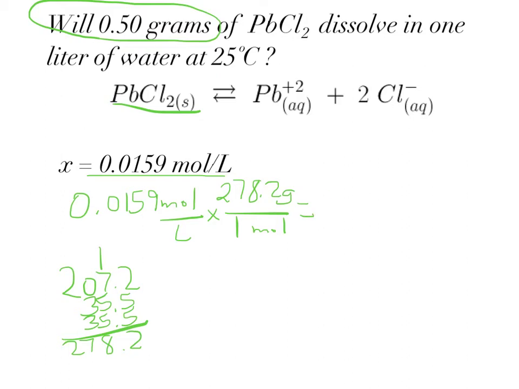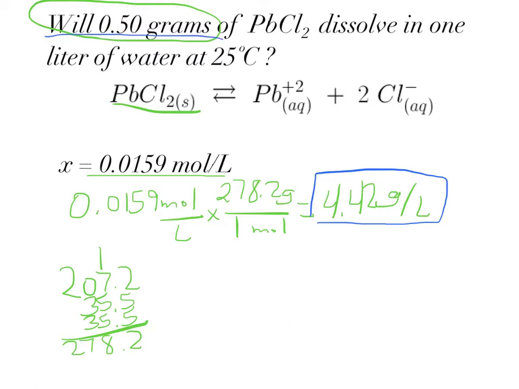And that is 4.42 grams per liter. So what this means is 4.42 grams will dissolve in a liter of water. So the original question, will 0.5 grams dissolve in a liter of water, is yes. Because 4.42 grams will dissolve in a liter, definitely 0.5 grams will dissolve in a liter.